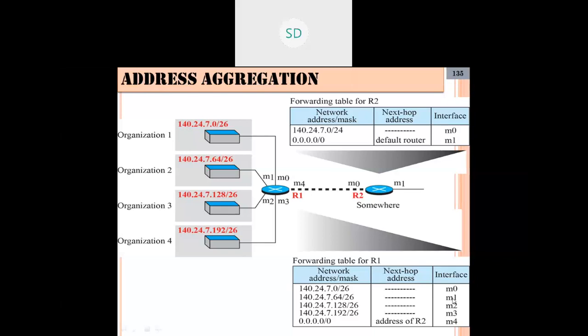On the other hand, in R2 we have a very small forwarding table. In R2, you can observe just the network address 140.24.7.0, just the initial starting address masked with 24, and the interface, which is nothing but F0. It has a very small forwarding table.